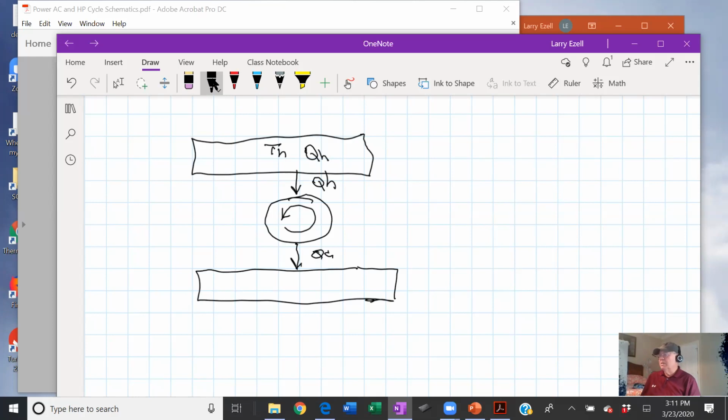And this is our thermal reservoir at TC. This is the thermal reservoir at TH. Again, this is probably that superheated temperature, maybe 700 degrees C. This will be like the temperature of cooling water, maybe 300 K. This might be the 650 K.